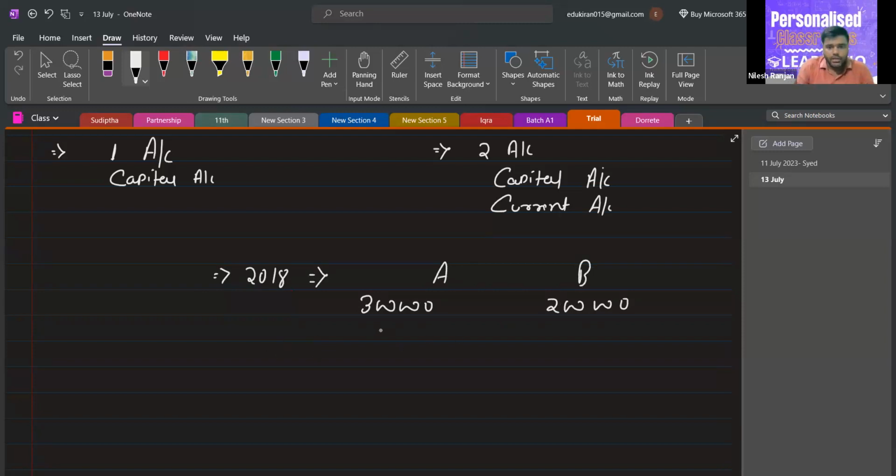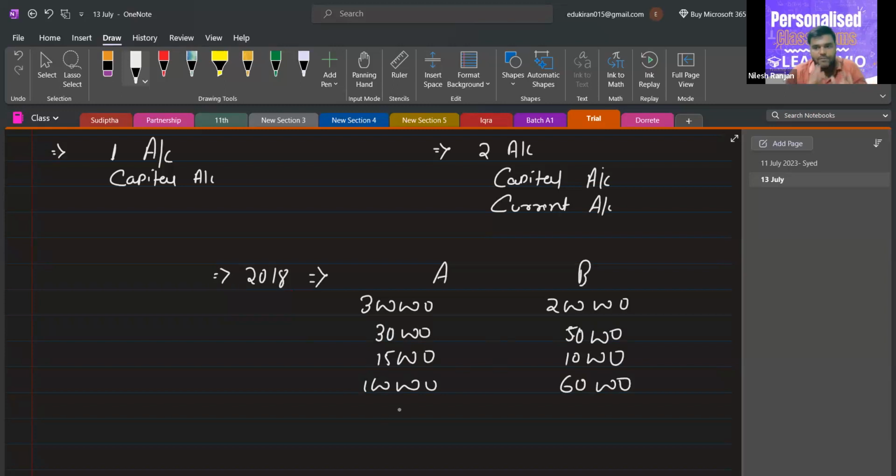Now we adjust profit here. We adjust interest on capital here. We adjust drawing here. So we adjust every item in the capital account.